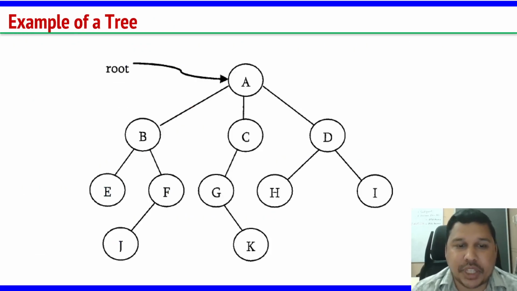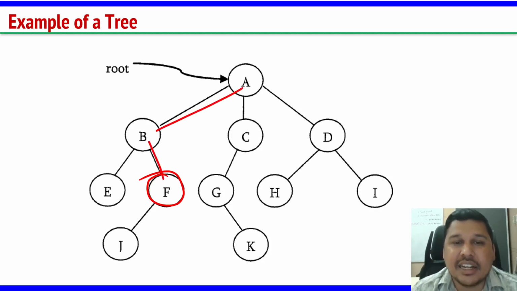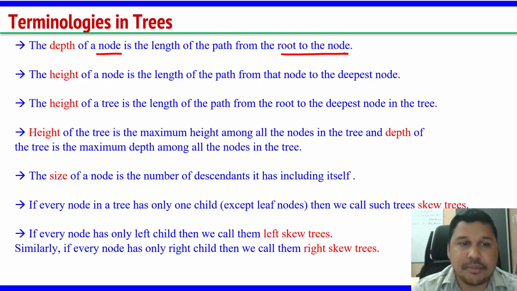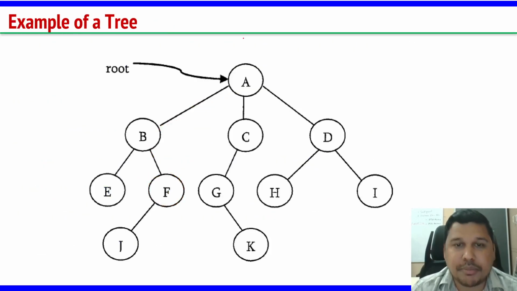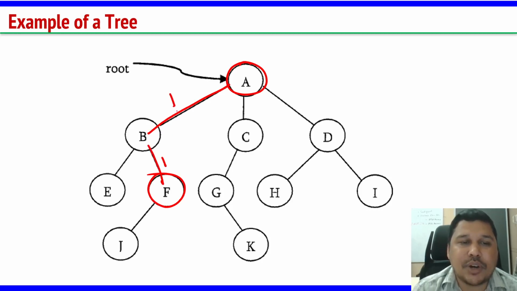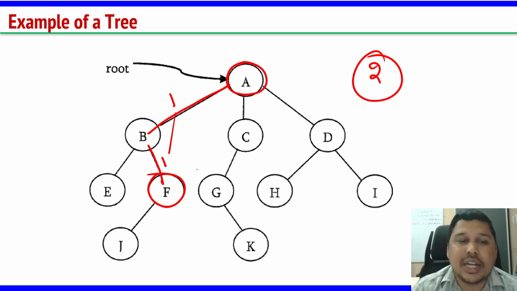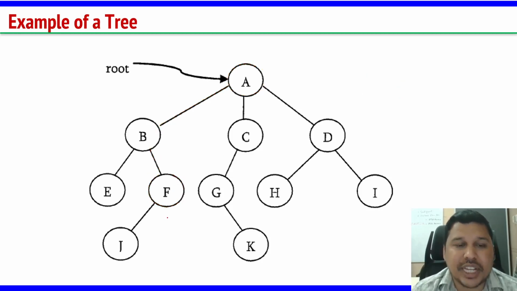I want to know the depth of F. Depth of F is the number of edges it has till it reaches the root. So from the root, 1 and 1, total it is 2. So the depth of F is 2.